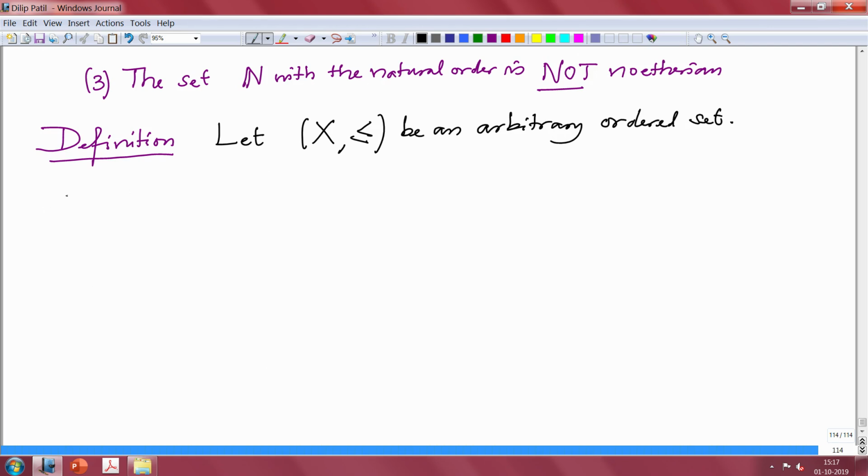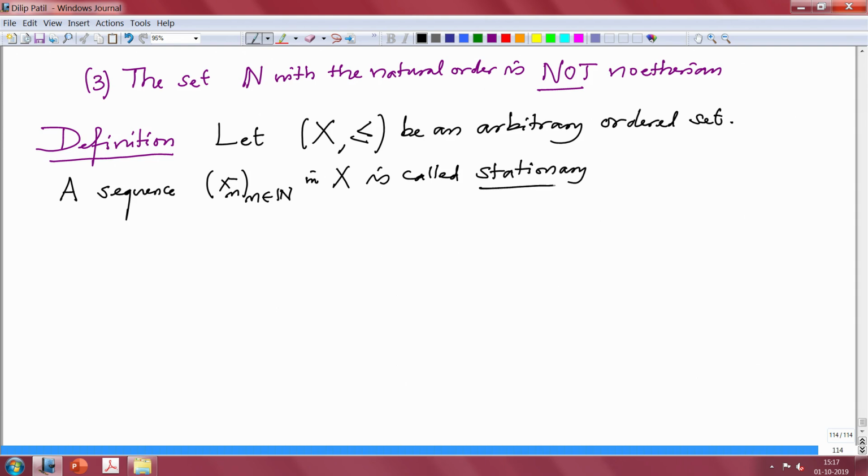A sequence, usually denoted by this notation, in X is called stationary if after some stage all the terms become equal.